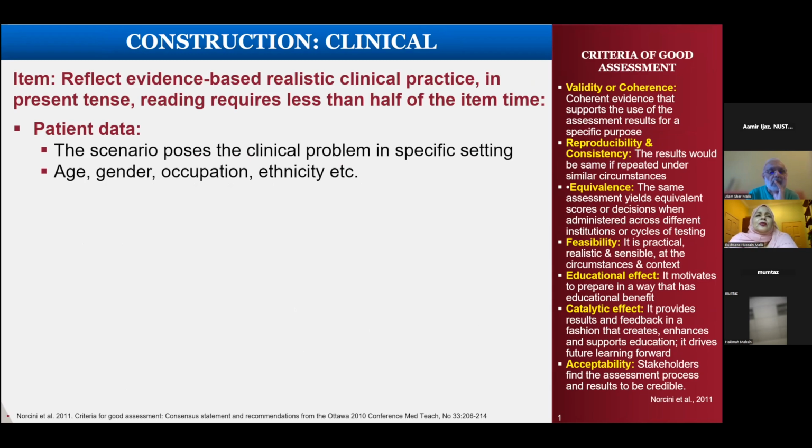Again, you have to provide the patient data, which should include the age and the gender of the patient. Occupation, when the scenario is such that the question becomes occupation specific as well.